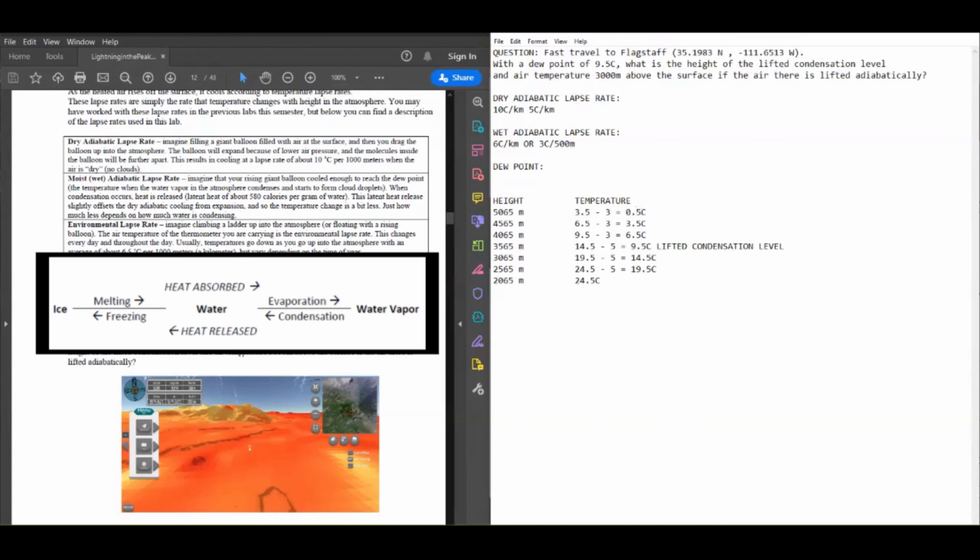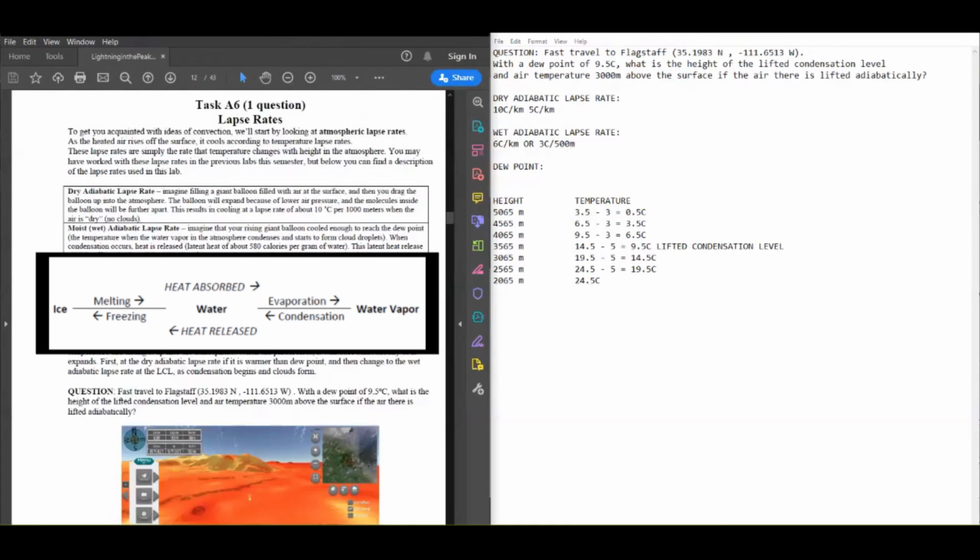By the time we reach 3,000 meters above our starting height, we've now cooled to 0.5 degrees Celsius. We changed our lapse rate when we had condensation occurring. So when we're trying to answer our question, what is the height of the lifted condensation level? It's 3,565 meters. And our temperature after that phase change, by the time we get 3,000 meters above, is 0.5 degrees Celsius.